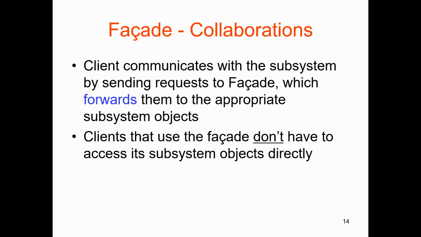The facade just provides an alternative, a simple way for the client to interact with the subsystem. But if a client wants to, they can bypass the facade and interact with the subsystem directly. So the facade is just an add-on, not a replacement.